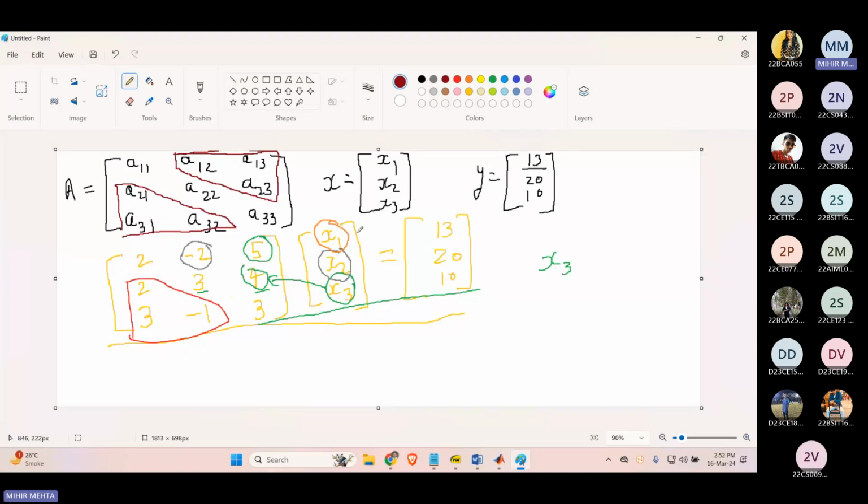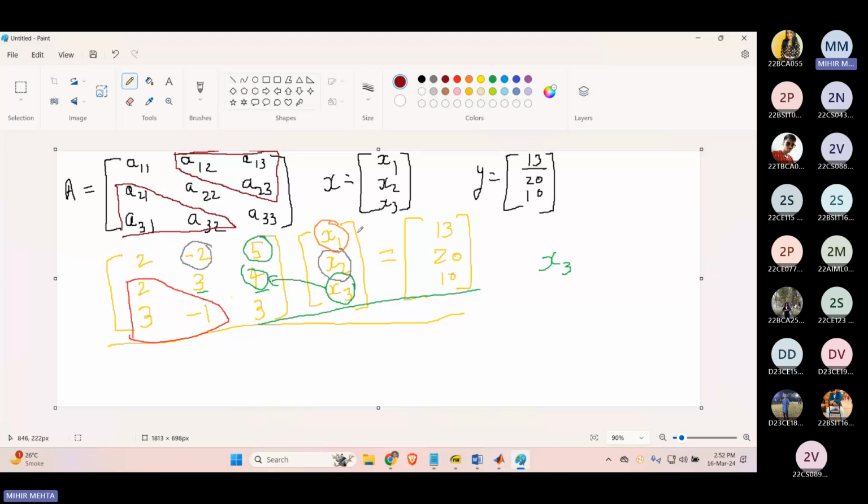So from the Gauss elimination point of view, it's a little lengthier process compared to the Gauss Jordan elimination method. Here you will have to find individual values, substitute the value in the other equation to find the other component of x, then use those two components to find the third component of x.